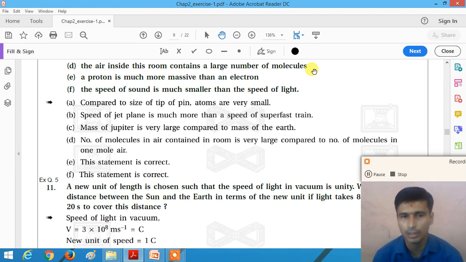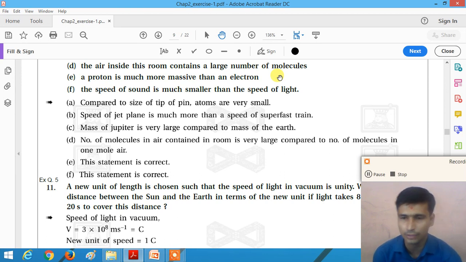So the number of molecules in the air contained in a room is very large compared to the number of molecules in 1 mole of air. So we compare the number of molecules with the number of molecules in 1 mole, right? Is statement D clear? Now statement E, a proton is much more massive than an electron. So here the comparison of the proton and electron is given to you, right?